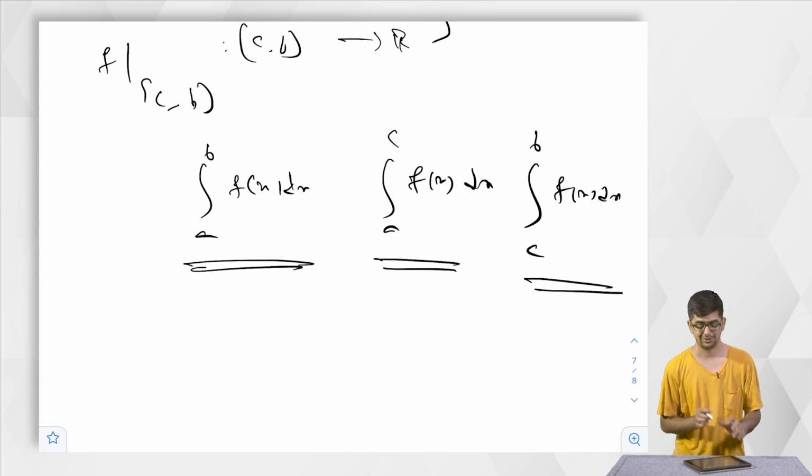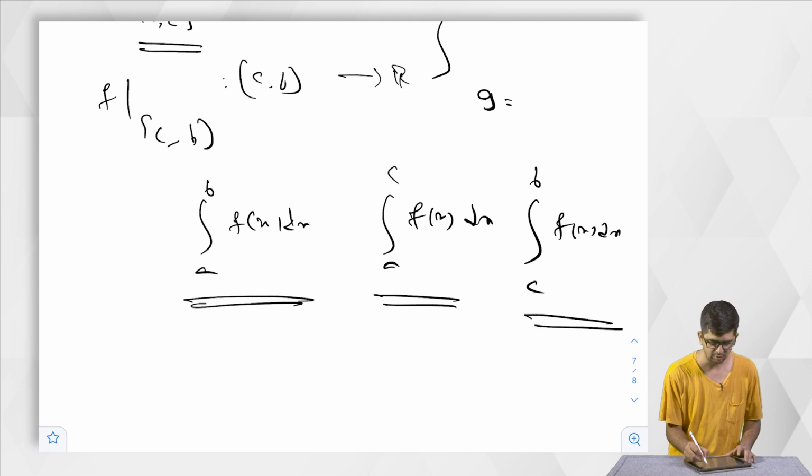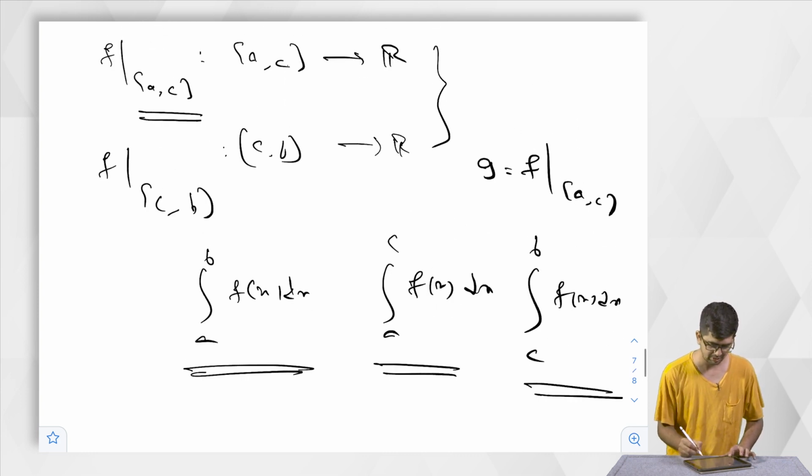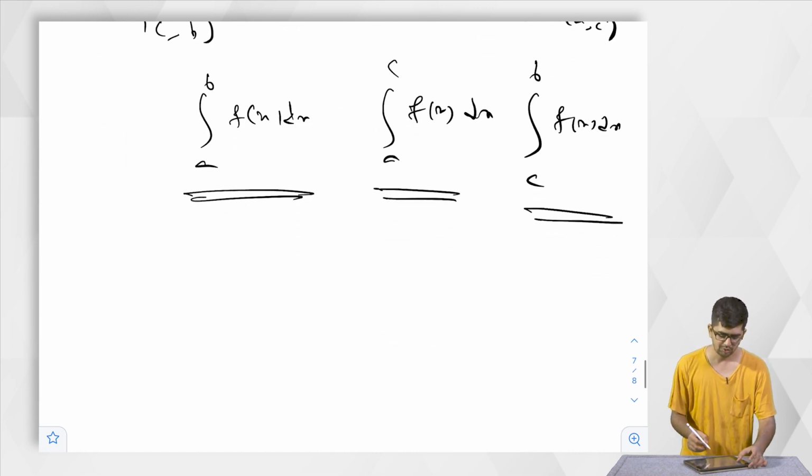It's not really clear where to start. We'll start somewhere. So f restricted to a comma c, I am writing that as g just for convenience, and I am writing as h the function f restricted to c comma b. See, g is integrable. So what do we have?